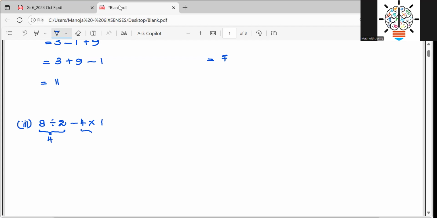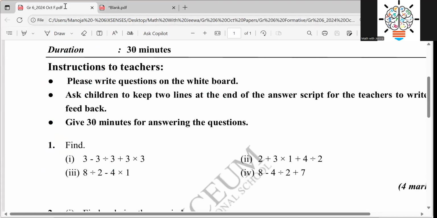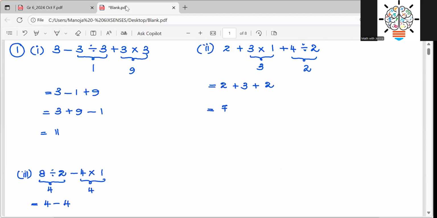Then 4 multiplied by 1, it is 4. So how am I going to rewrite this? 4 minus 4, the answer is 0. Okay. So then the next question, 8 minus 4, right? The fourth one. We'll see how we can write.